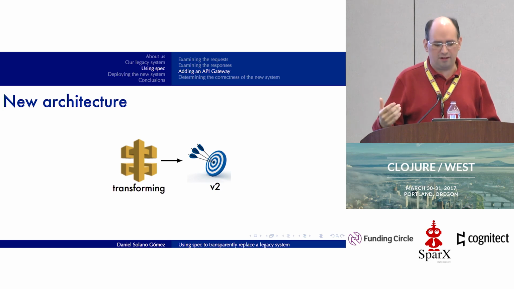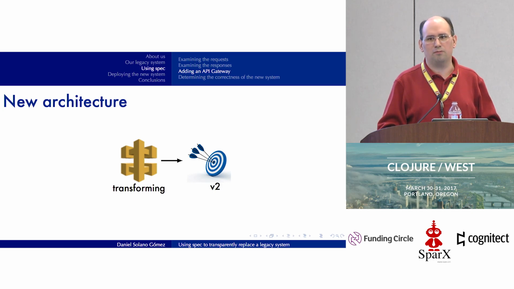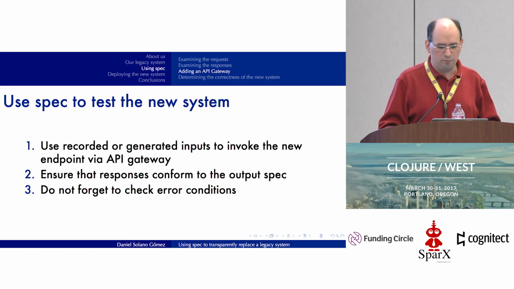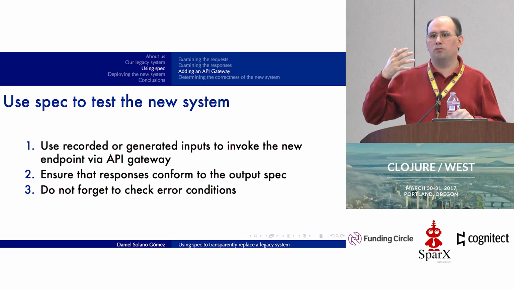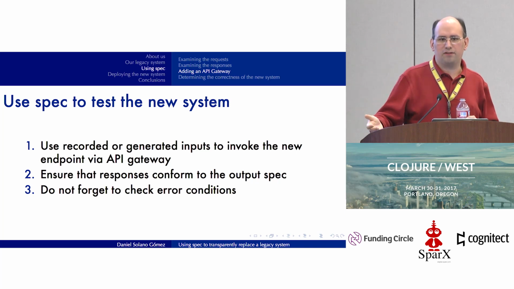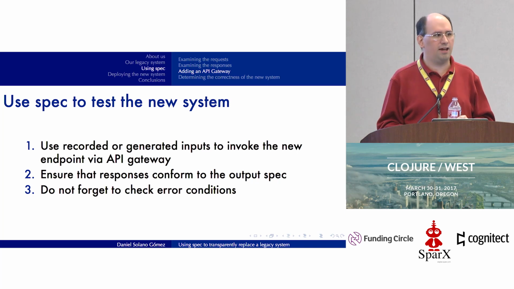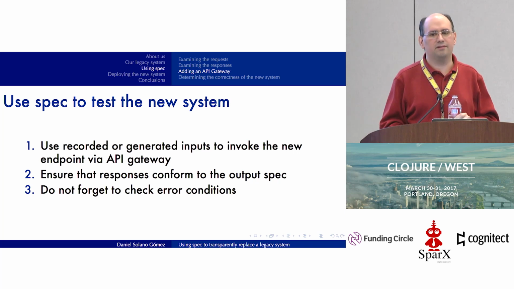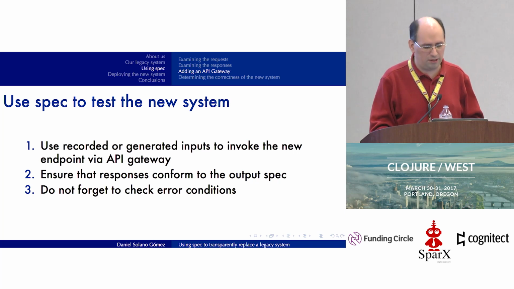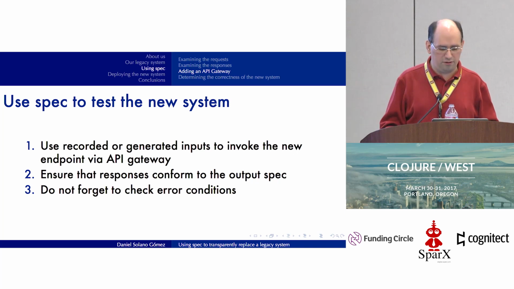And now that we've set this up, we can start exercising the new system using the data and the specifications that we created before. If you wrote your input specifications so that you can generate inputs, you can use that. In our case, we had tens of thousands of sample calls that we just replayed through the new system.